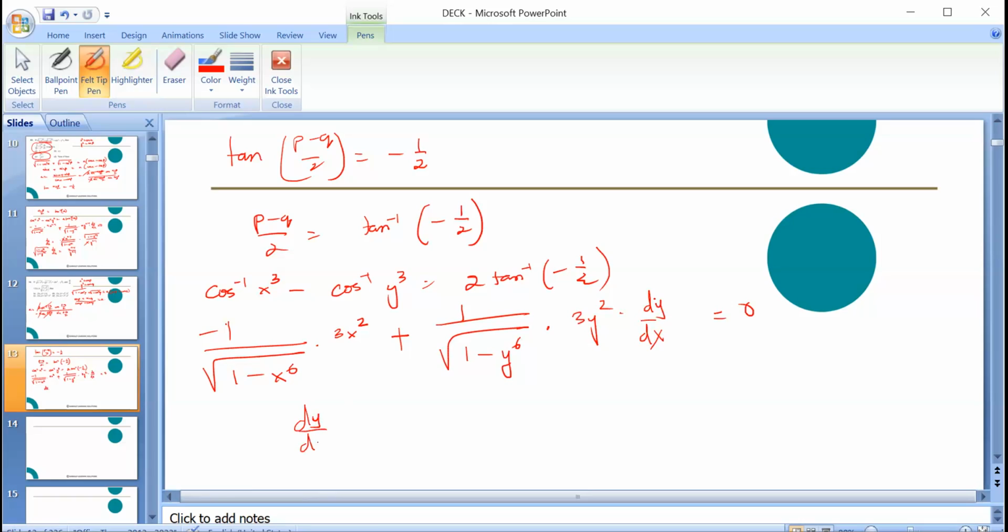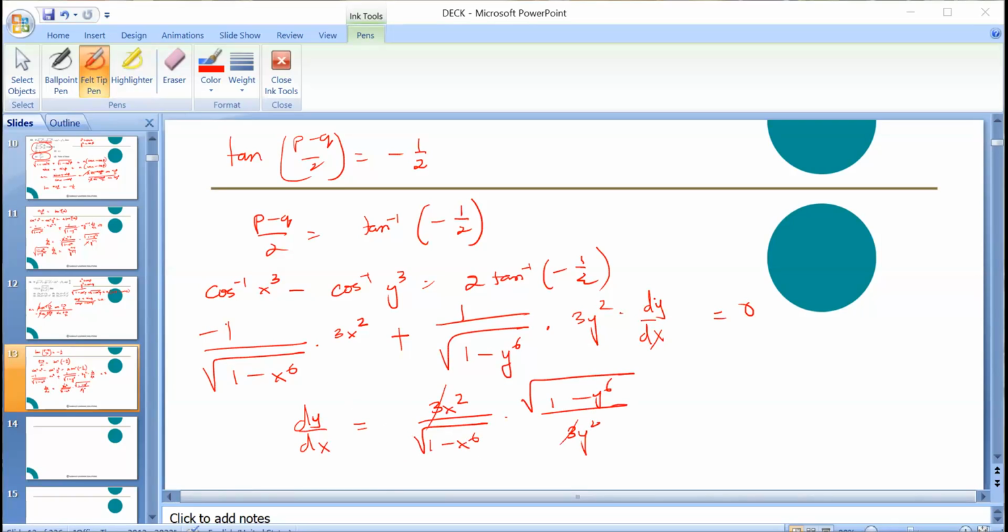So dy by dx will be 3x square by square root of 1 minus x power 6 into square root of 1 minus y power 6 by 3y square. 3 and 3 will cancel.